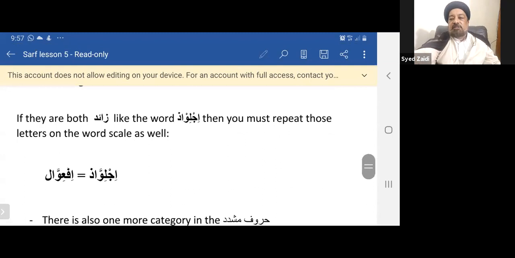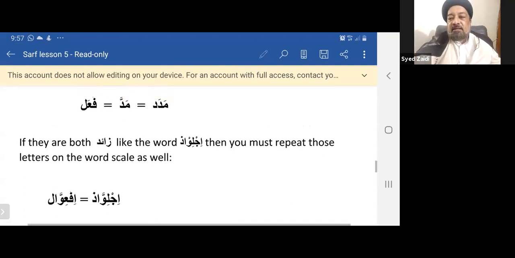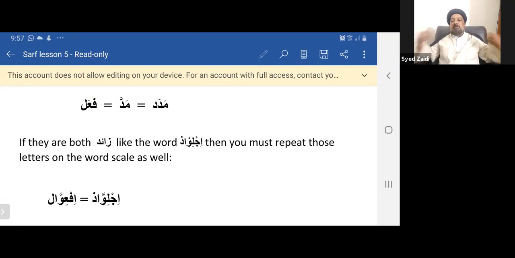I'm not finished, please. Please go back to the word. Thank you. Madada, right? Now, if you see that the two letters have merged into each other and become one, and you see the word madda, on the scale it is fa'ala. And in fa'ala, you did not say falla or fa'a.